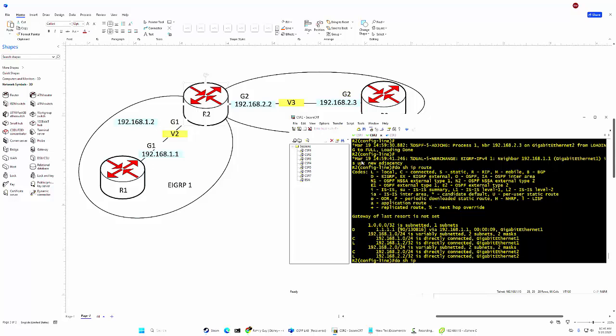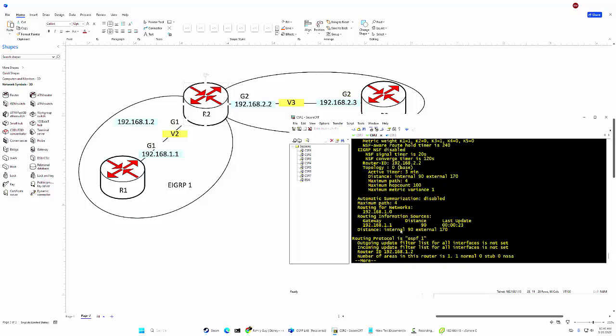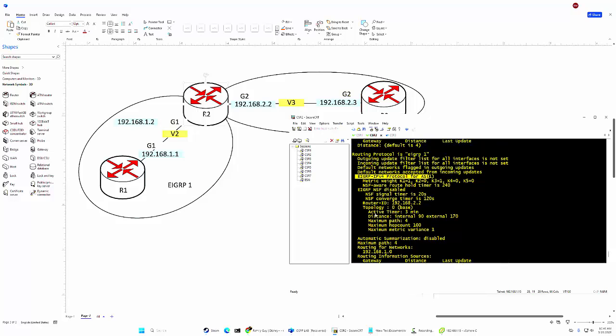Do show ip protocols. Okay. And this will give us information about what is running and what is going on, the parameters of the running protocol. And I'm looking for something here. And where are you? I don't see it.